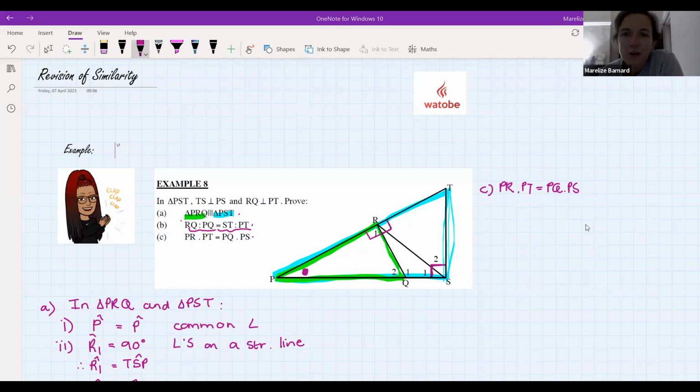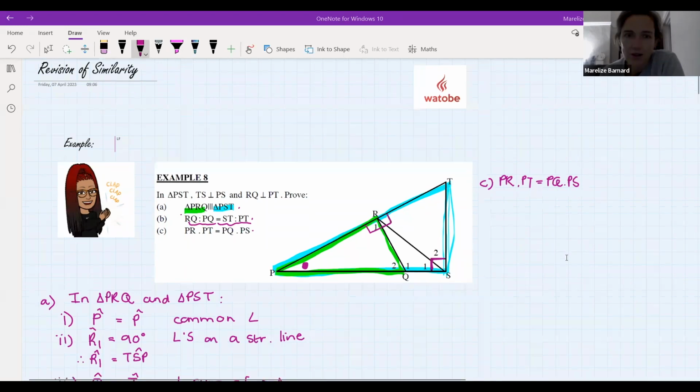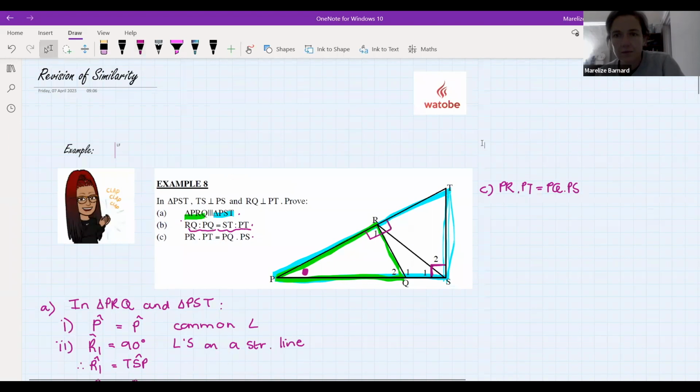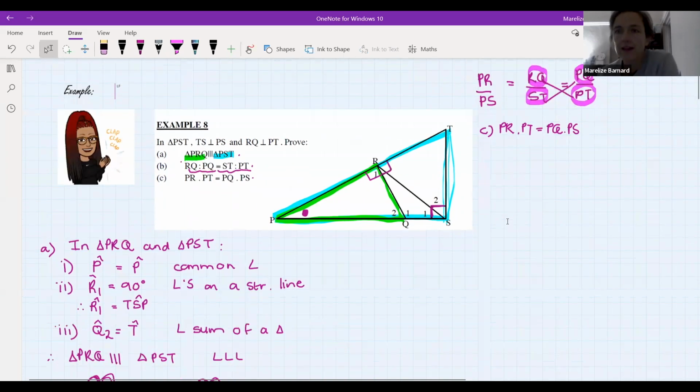Okay, so we're still working with these two triangles. I'm going to go grab it over here so we don't have to rewrite it. That's going to help us now to do the next one.